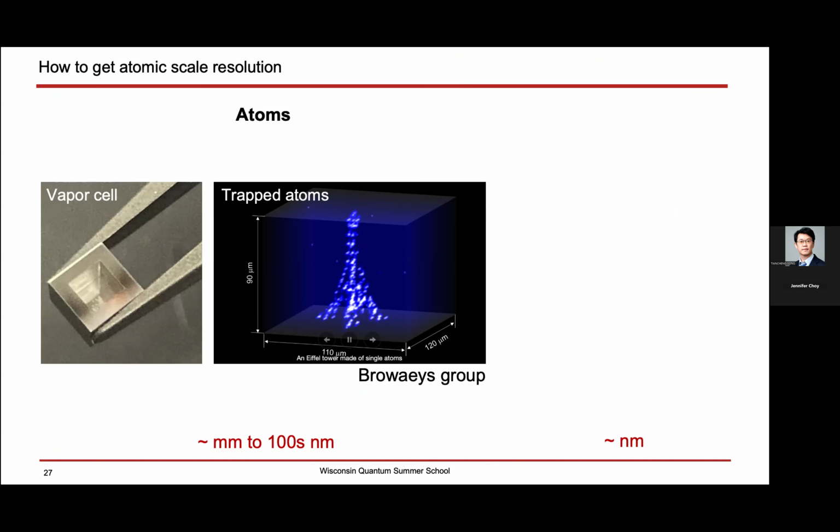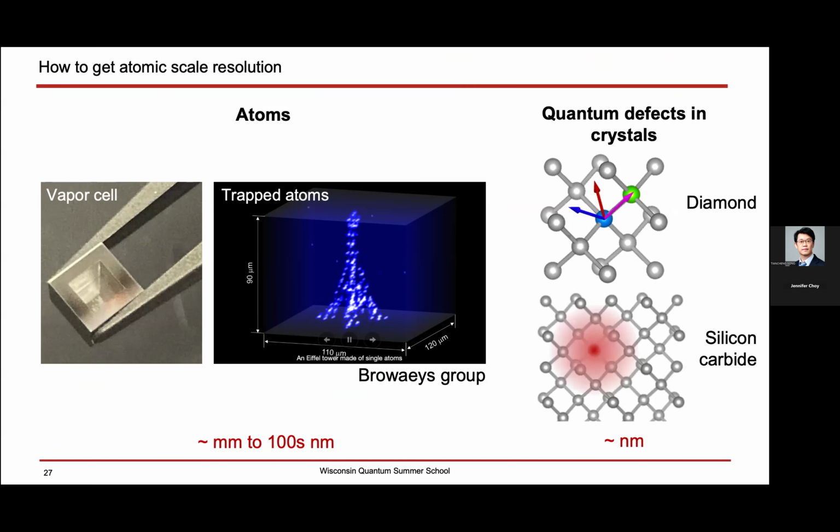If you really need to get to that level of precision, you have some options. You can take from the field of solid state physics, where you have crystalline materials. What are crystalline materials? They're periodic arrangements of atoms. If you have means to deterministically pluck atoms from this crystal, you generate what is called a defect.